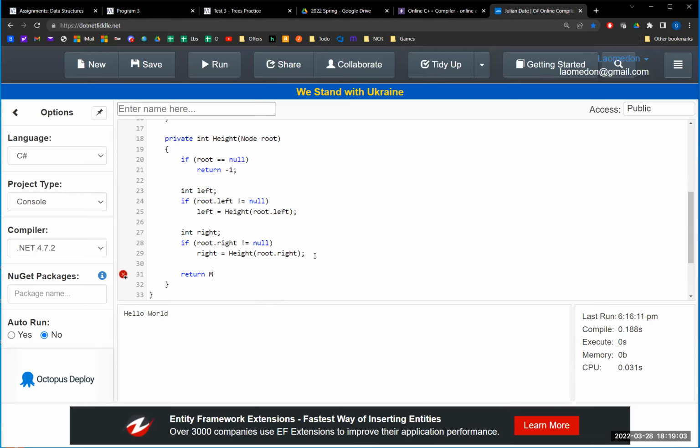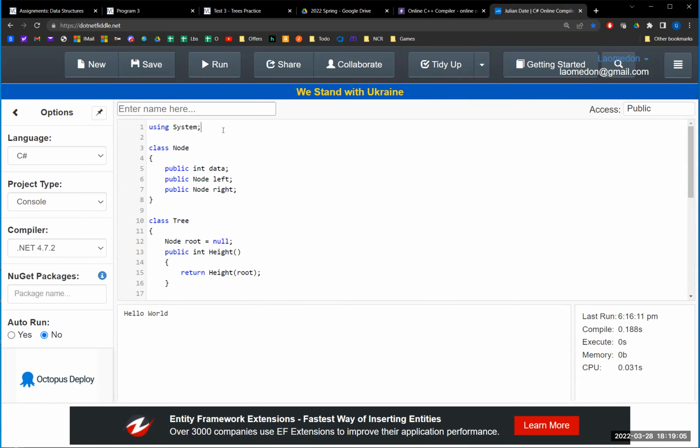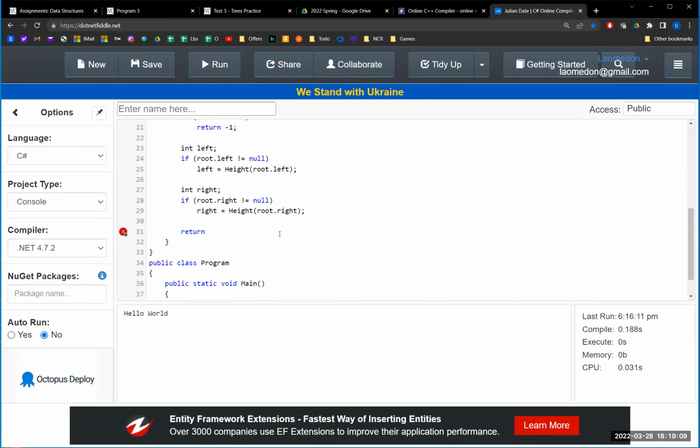Let's do the max here. Well, let's do it if right, height of left, height of right, and adding 1 for itself.